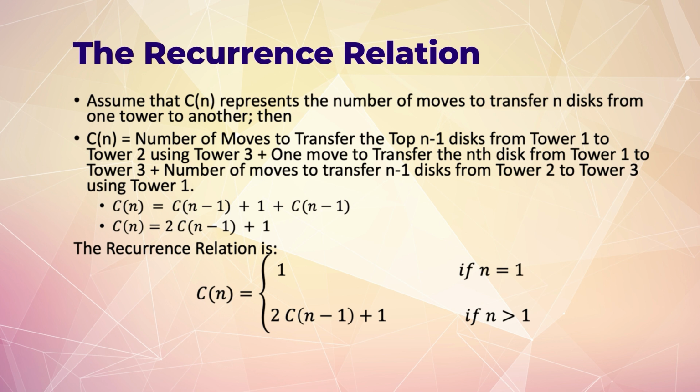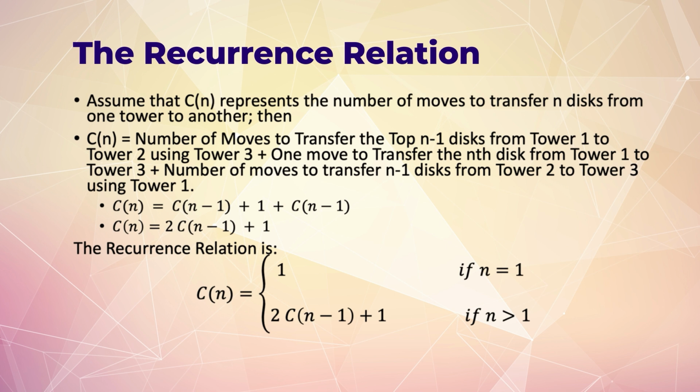Cn equals 1 if n equals 1. This is the terminal or the base condition. When only one disk is to be moved, just one move will be required. All right. Otherwise, twice Cn minus 1 plus 1 moves are required if n is greater than 1.